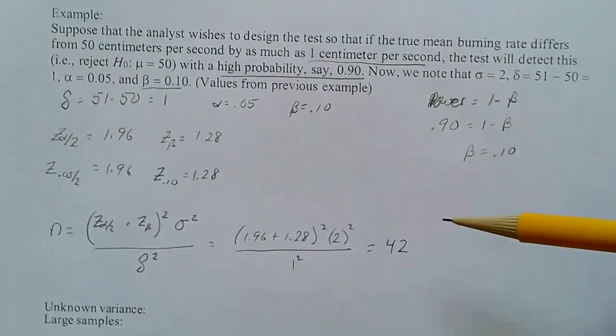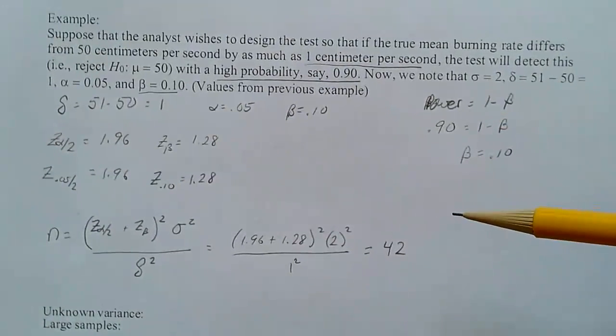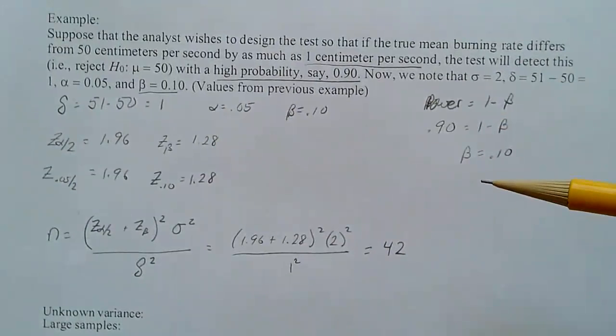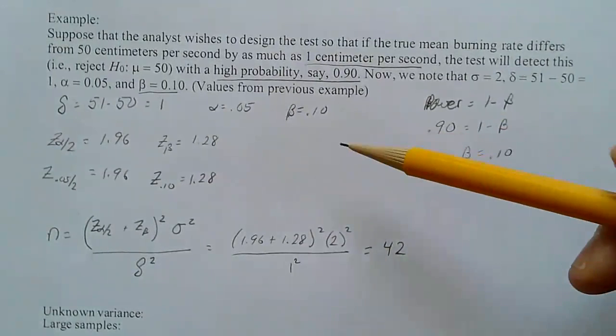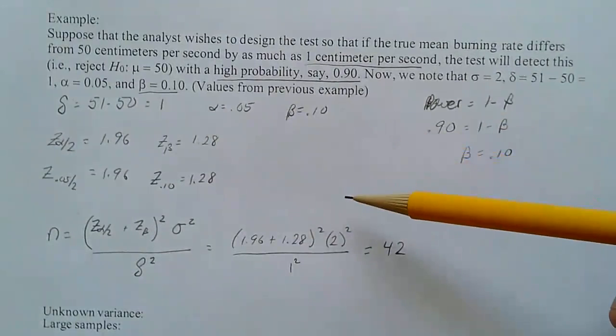And so you can see how we can use this to calculate the power of the test if we know what our actual n is, then we can calculate that power. If we don't know the n, or we want to calculate an n based on a certain power level, we can use this formula.